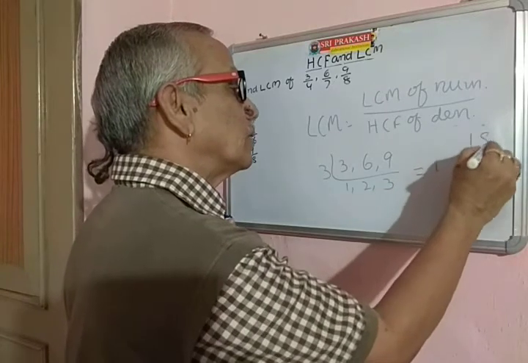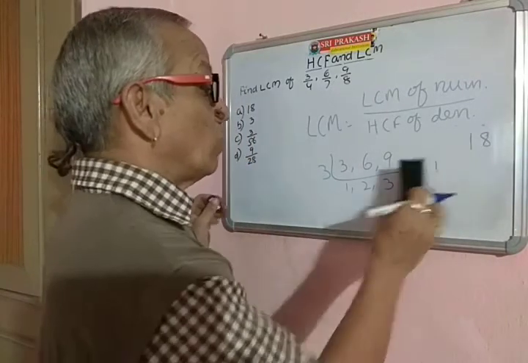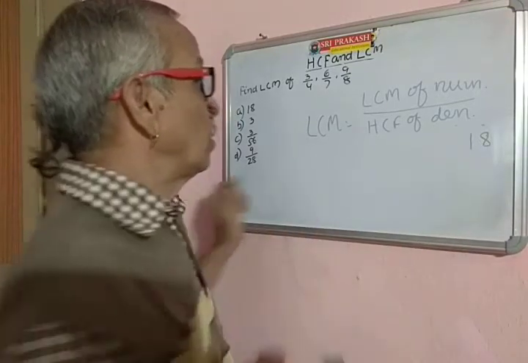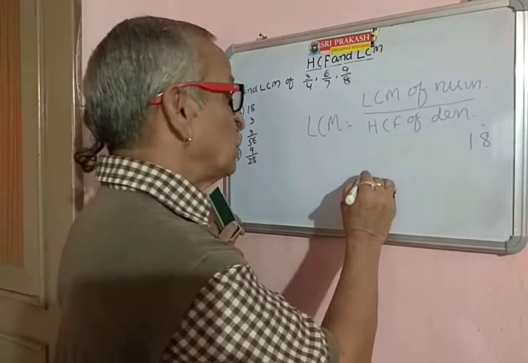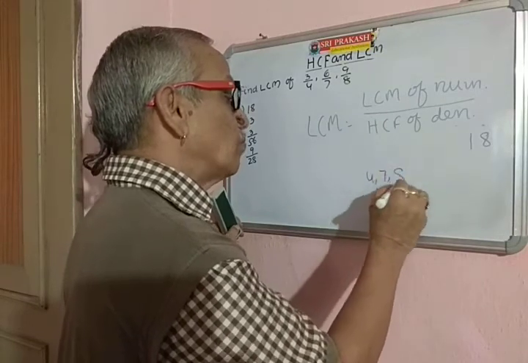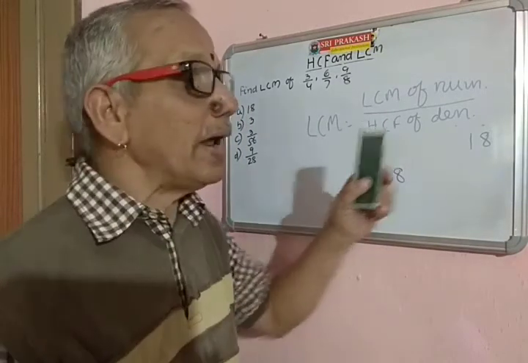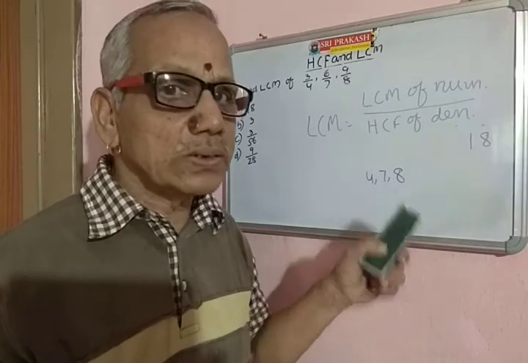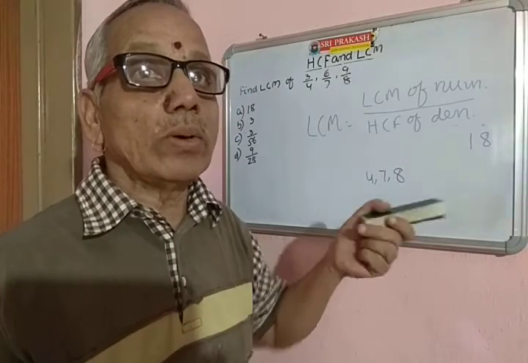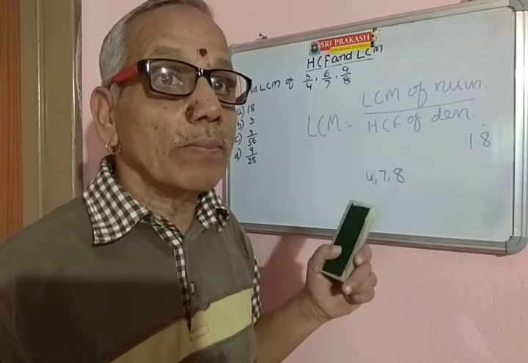Let us write here. And what is your HCF of denominators? That means you have to find the HCF, highest common factor, among 4, 7 and 8. And all these three numbers are not divisible by any single number.